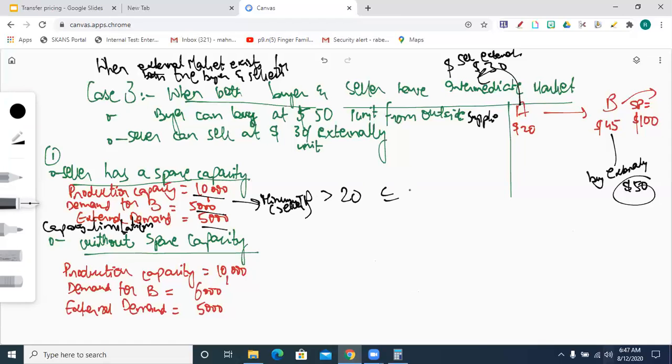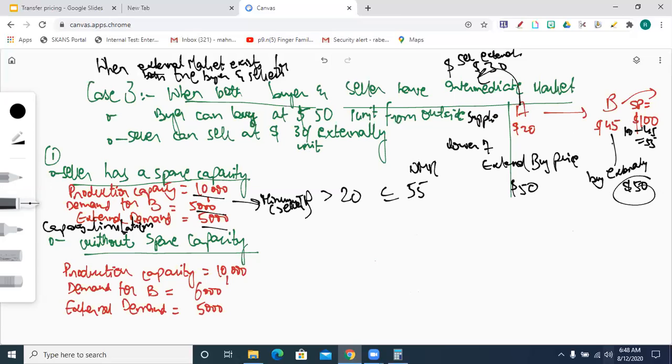But here the rule was less than net marginal revenue; I'm revising the rule. It's going to be the lower of net marginal revenue and external buying price. Now the buyer could go to the external market and buy the same for 50.